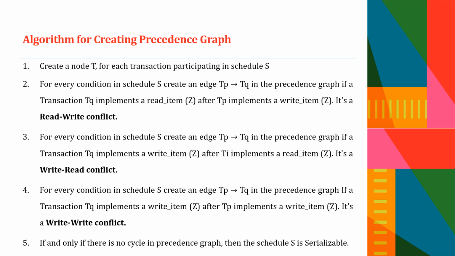So we have an edge from TP to TQ because TQ executes the write item after TP. Using these rules, we form the directed edges between these transactions. And if and only if there is no cycle in the precedence graph, can we say that the schedule S is serializable.